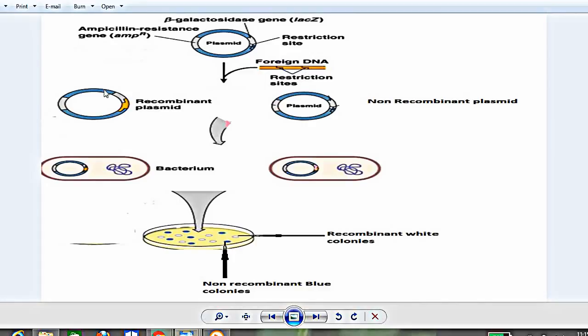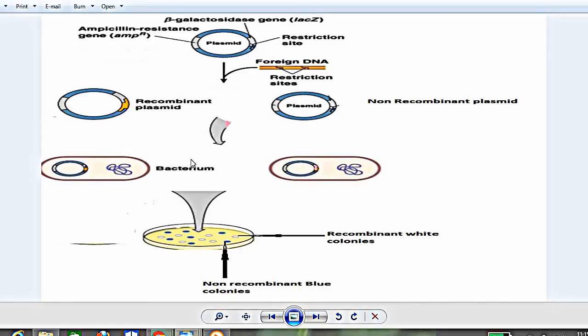Now both plasmids have the ampicillin resistance gene. But the difference between them is that this plasmid is a recombinant one because it contains our foreign DNA, while this plasmid does not contain our foreign DNA. But we don't know which one is recombinant and which one is non-recombinant.